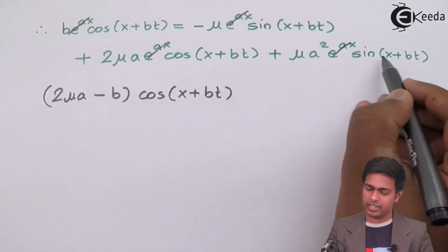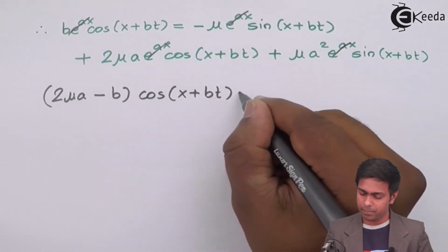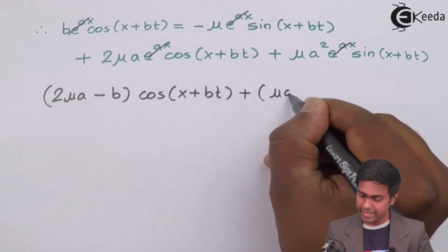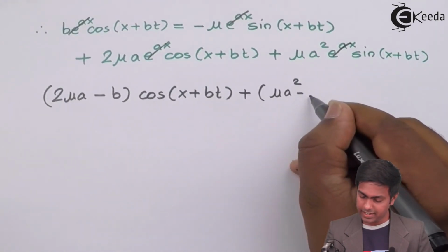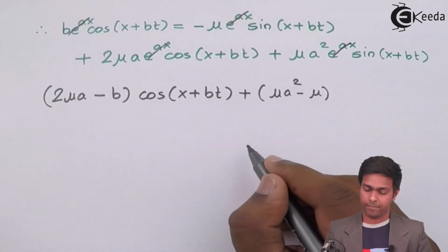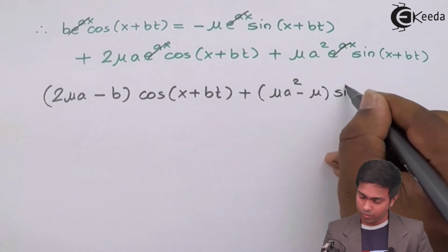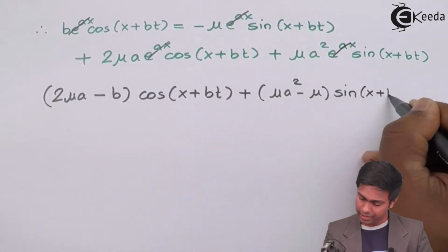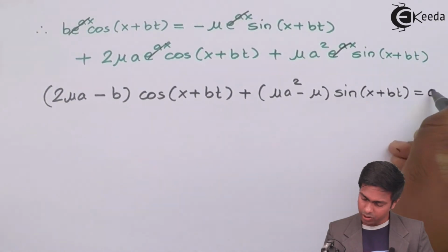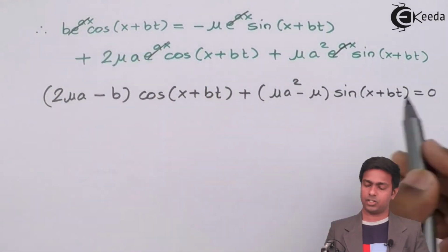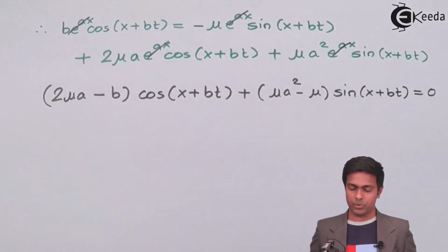Similarly, these two terms together, that is sine terms, we will get plus mu a square minus mu into sine of x plus bt. And on the other side, there is nothing, so I'll make it as 0.